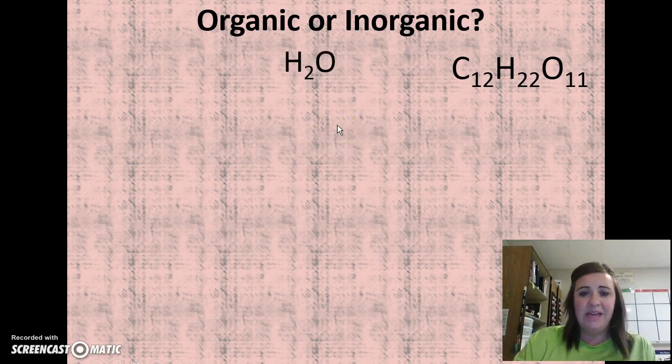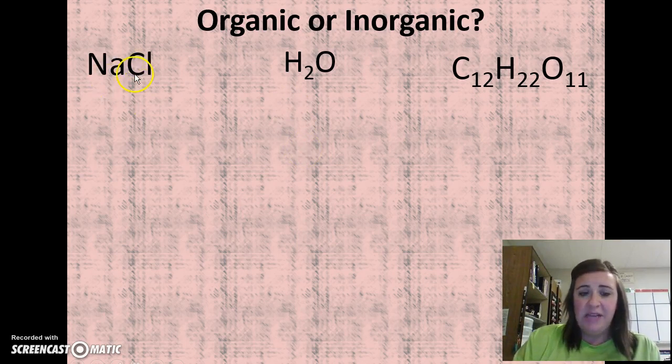The next one is H2O. Do you think it's organic or do you think it's inorganic? If you said inorganic, you would be correct. Even though hydrogen and oxygen are considered organic elements, the compound doesn't contain carbon, and so the compound is inorganic.